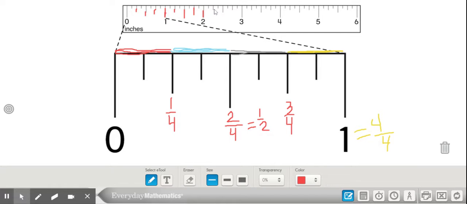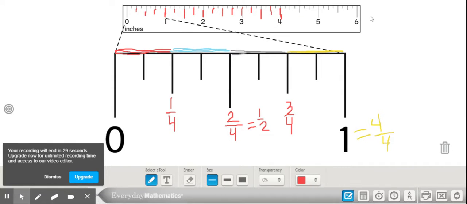Then we have 2 and 1/4 inch, 2 and 2/4, 2 and 3/4, or 3 inches. I'll do one more section. So we're at 3 inches and 1/4, 3 and 2/4, 3 and 3/4, and then we're at the 4 inch mark. And the pattern would continue on.